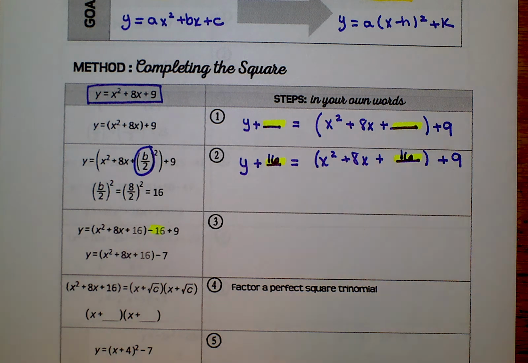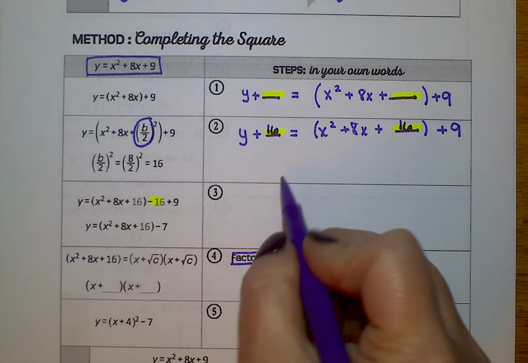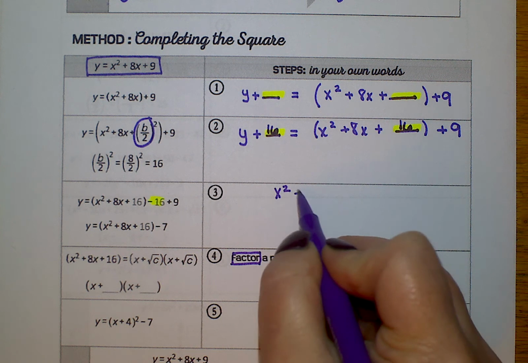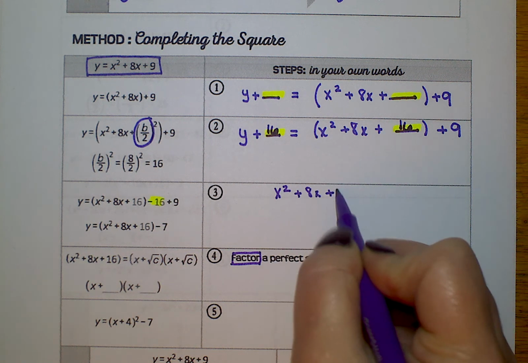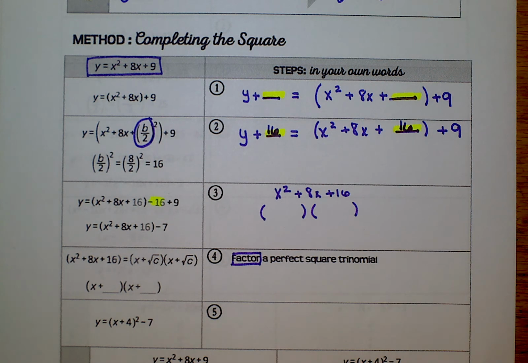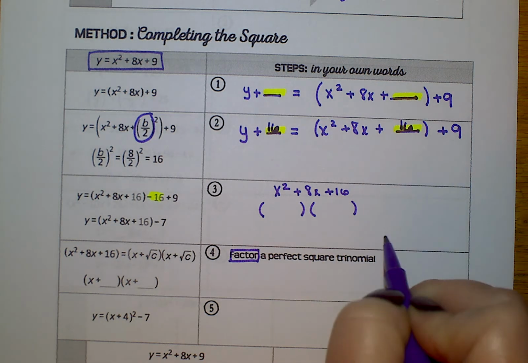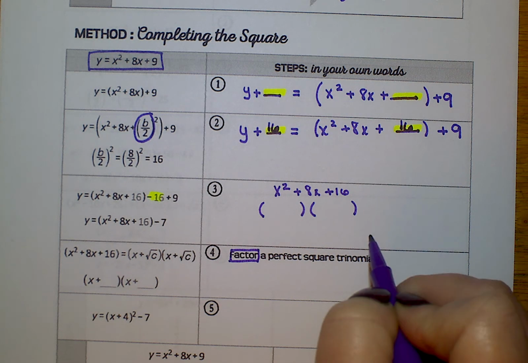Okay, now I'm going to factor. When I factor this problem, you're going to take the trinomial and you're going to try to break it into two things that are identical. So we're going to have to do what's called reverse FOIL.